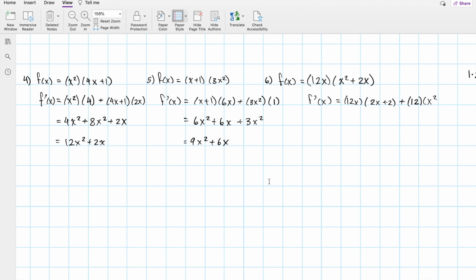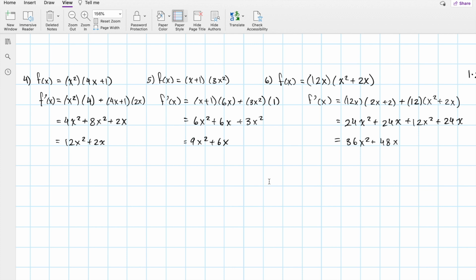Let's simplify that. 24x squared plus 24x plus 12x squared plus 24x. Or 36x squared plus 48x. Okay?